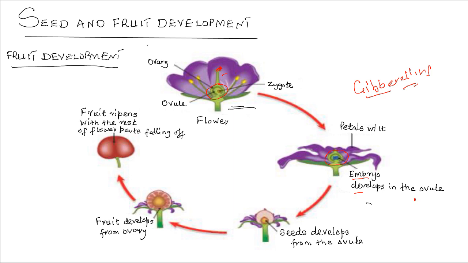Now, as the ovary is developing into the fruit, the other parts of the plant, like the petals, wilt because they've done their function. They've played their role, which is to attract pollinating agents.